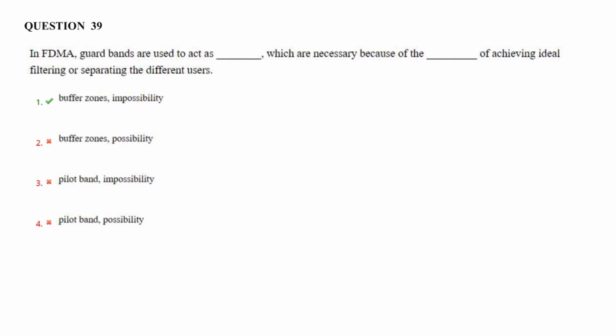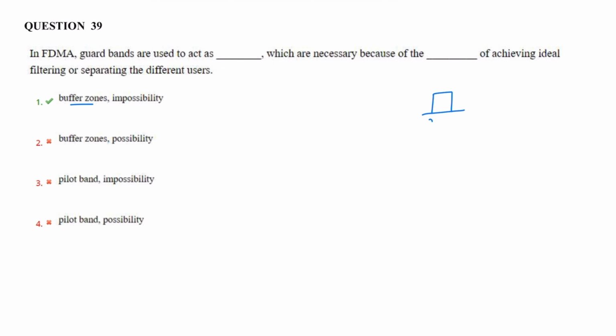Question number 39. In FDMA, frequency bands are used to act as buffer zones, which are necessary because of the impossibility of achieving ideal filter characteristics. So the first option is correct. It is impossible to design ideal bandpass filters.